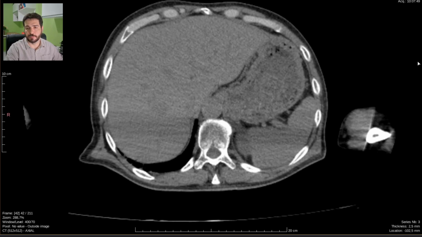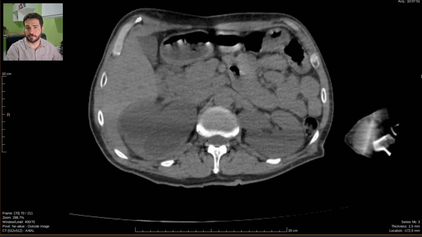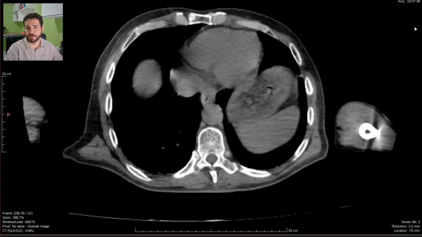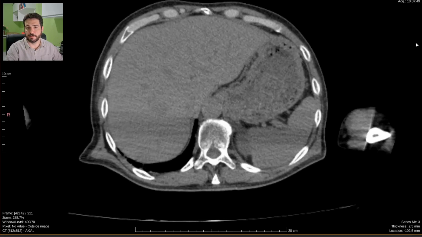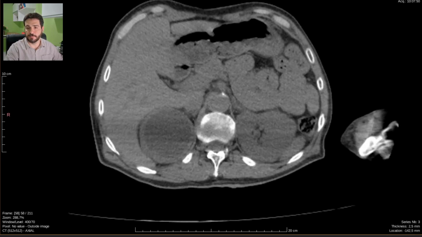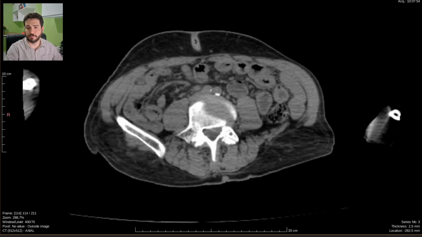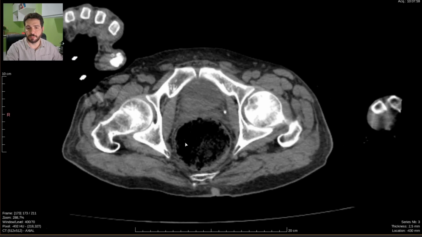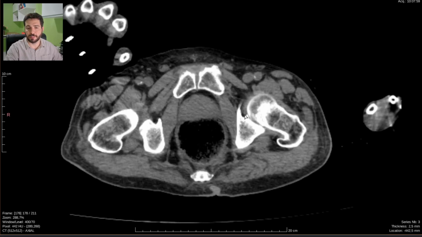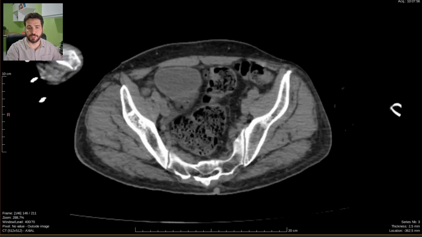There are no biliary tree dilatations, not that I can tell for sure because we have no contrast enhancement. The bowel, colon seems fine. Rectum, you have an enlarged prostate because this is a 61-year-old patient.